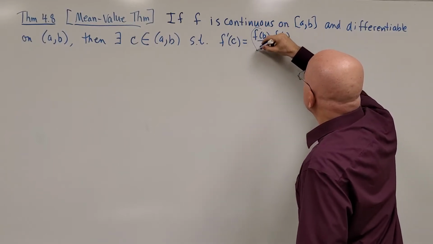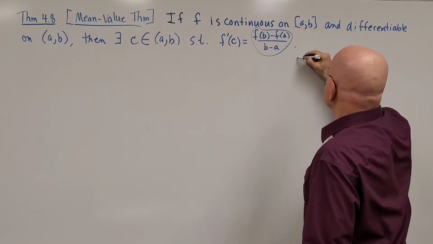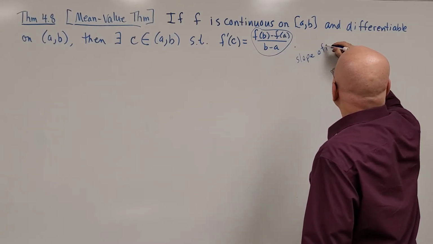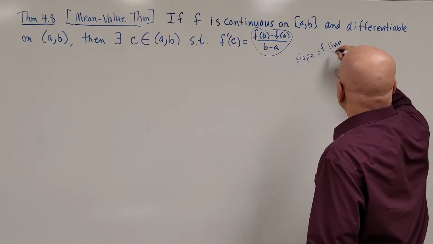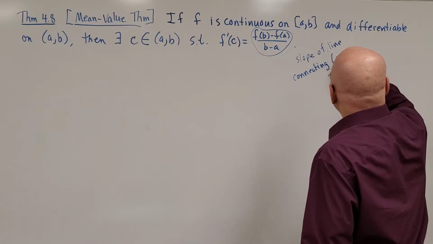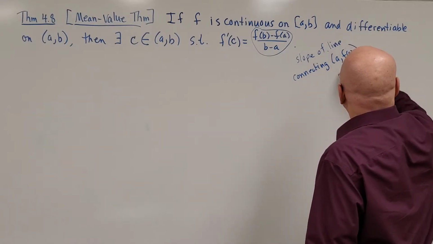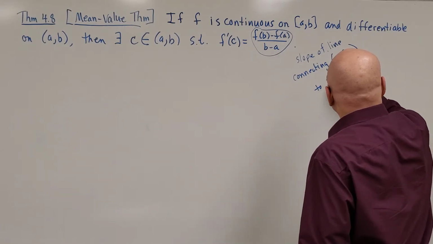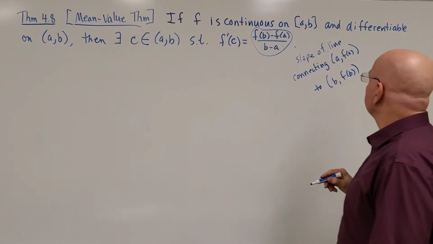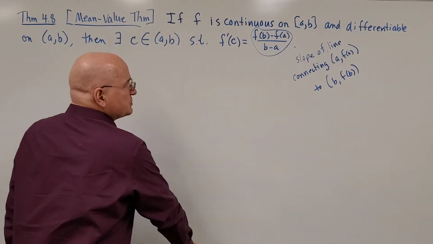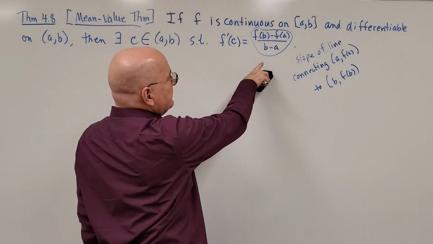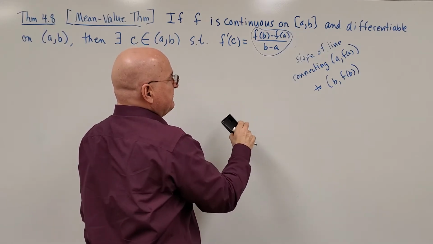This is the slope of the line connecting (a, f of a) with (b, f of b). We showed that in the picture just a minute or two ago. This is the slope of the line that connects (a, f of a) with (b, f of b).